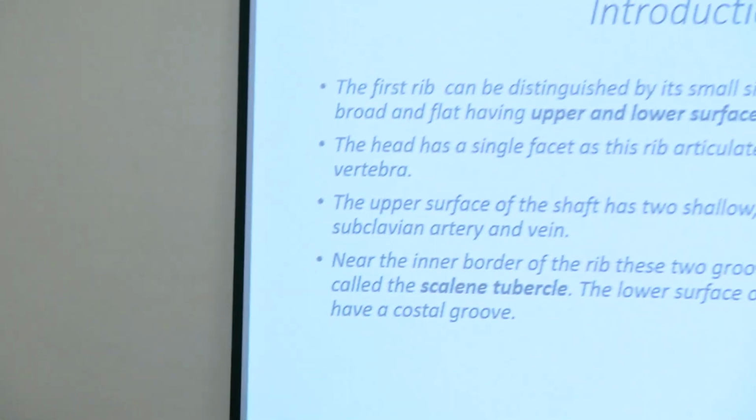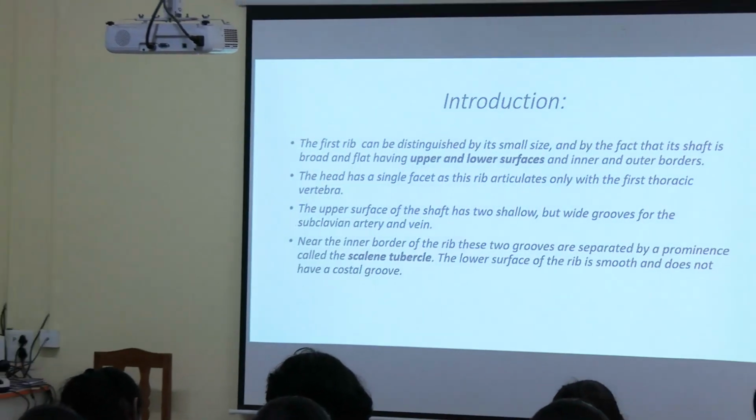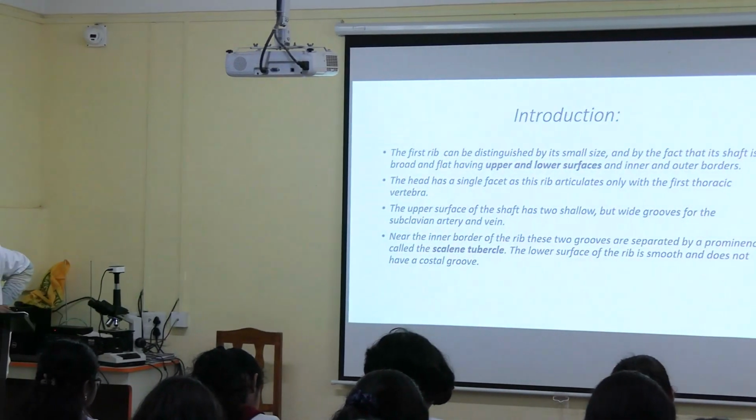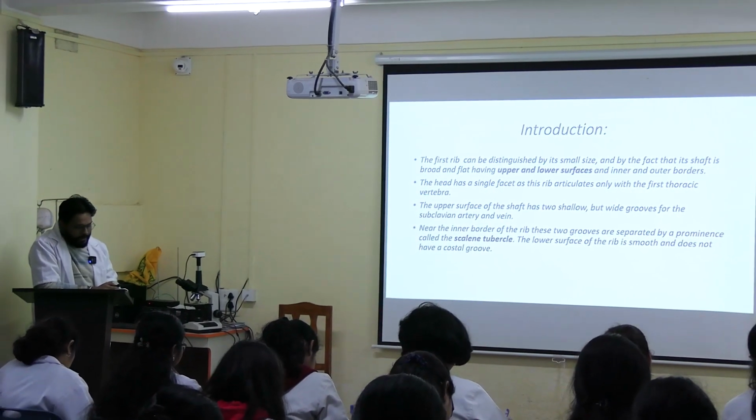Only the inferior surface is smooth. Write: the first rib can be distinguished by its small size, the fact that its shaft is broad and flat, having upper and lower surfaces and inner and outer borders.